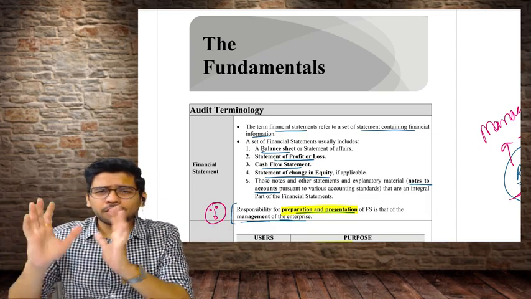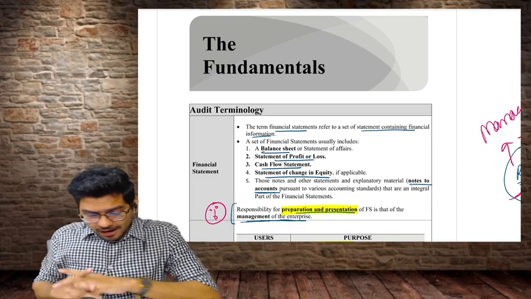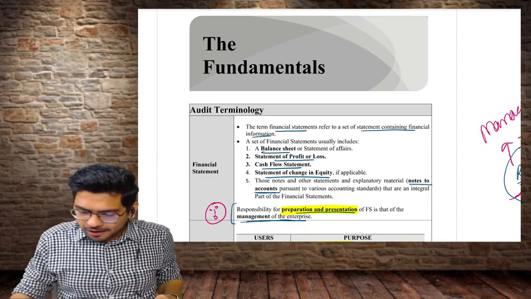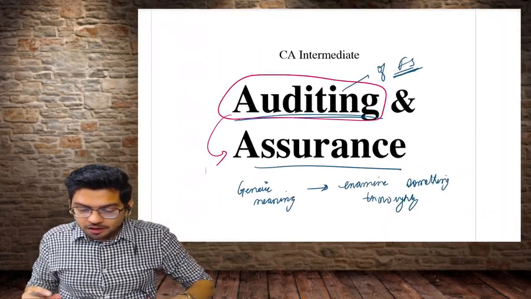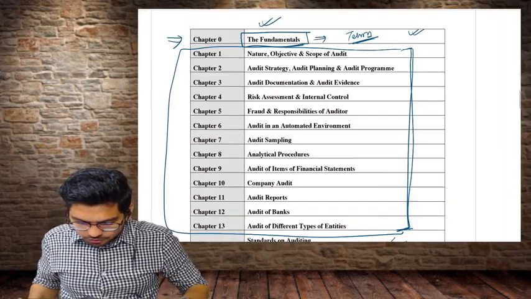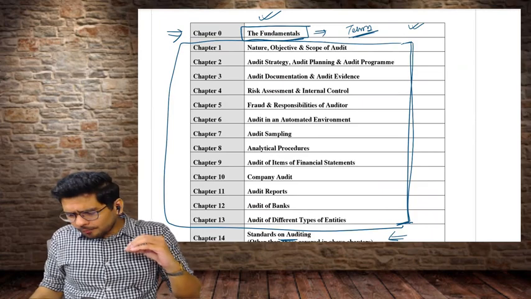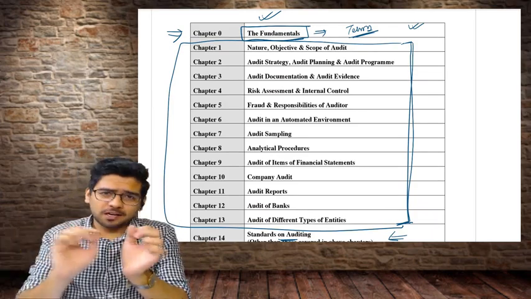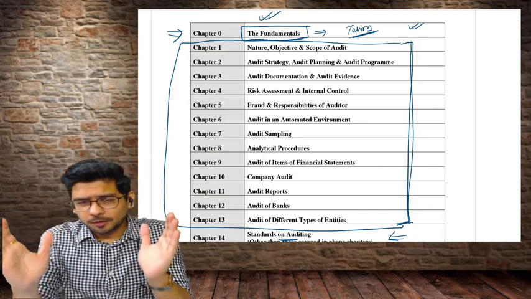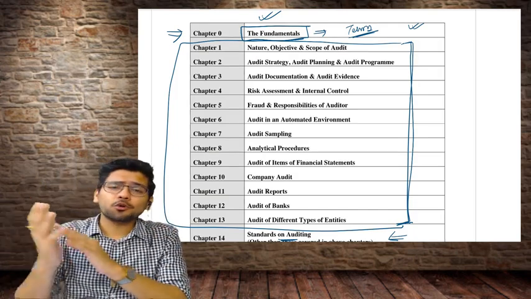I'll ask you when you have to take a note of it. In certain chapters, I told you that we are going to discuss some standards on auditing. For many standards I'll make you write handwritten notes. I'll write the notes and you'll be able to see them on the screen. I'll ask you to copy it down.